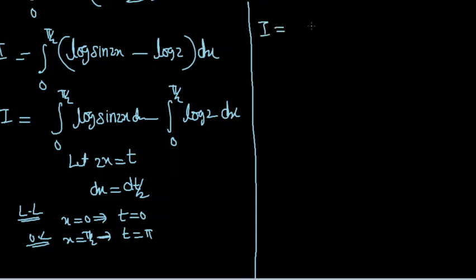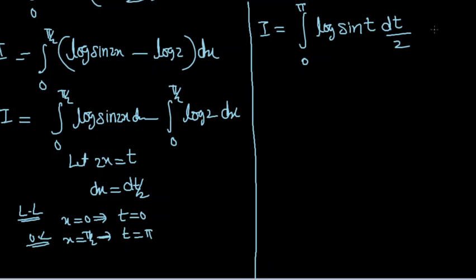I is equal to integral from 0 to, in the place of pi by 2 the upper limit is pi, of log sin t dt by 2.